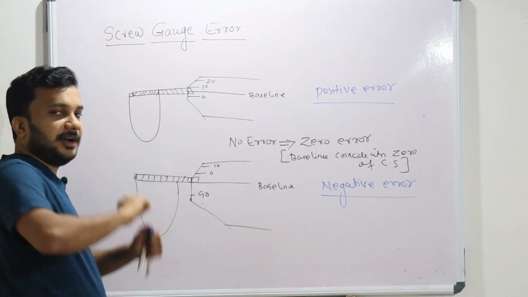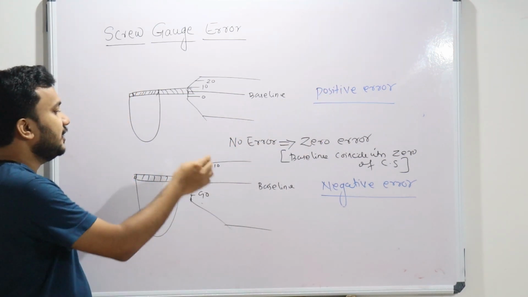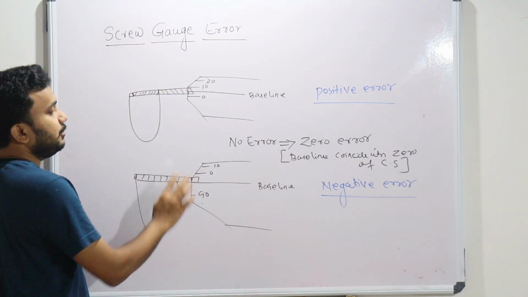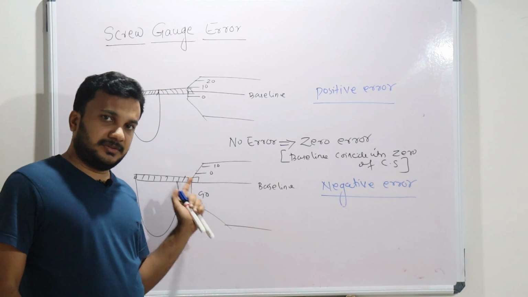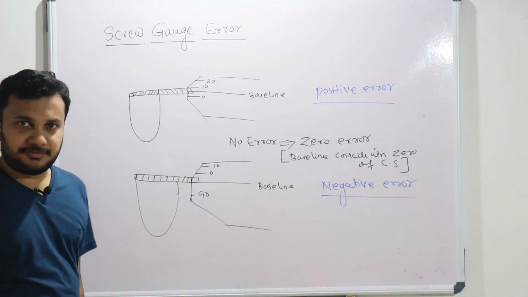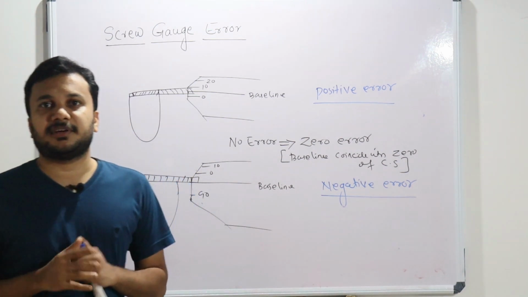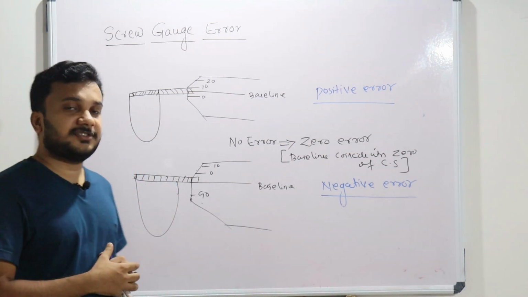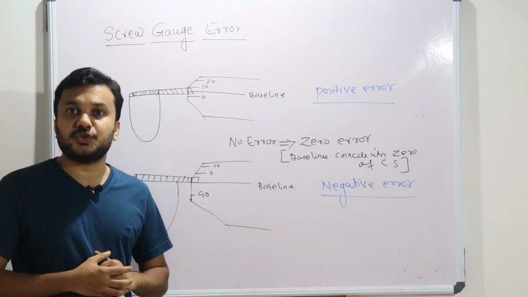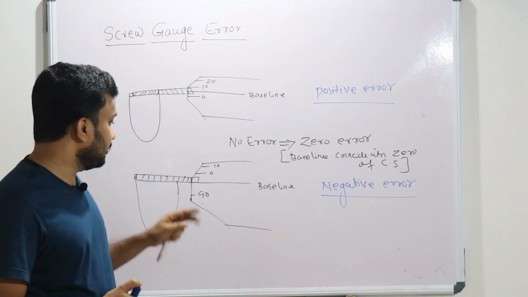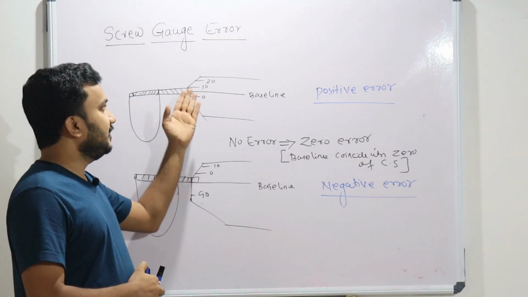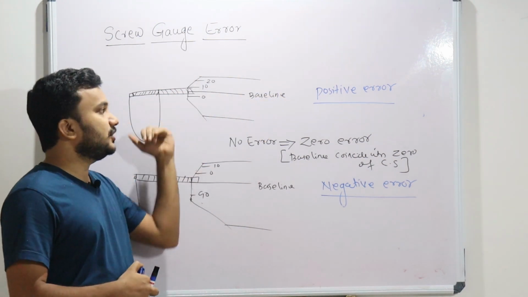In the other way, if you have tightened it and you see the zero is above the baseline, then this type of screw gauge will have the defect of negative error. So if somebody says this screw gauge is not correct, it has a negative error issue. What is a negative error issue? It means the zero is not aligned with the baseline, the zero is above the baseline, and in case of positive error, the zero is below the baseline.